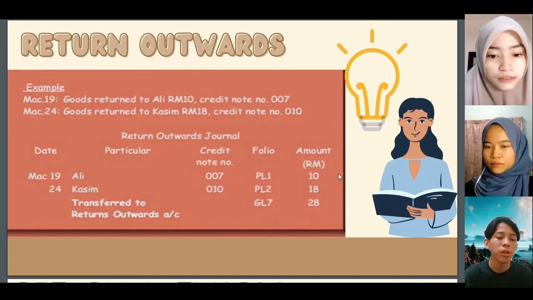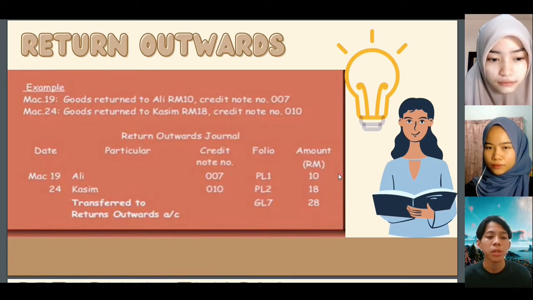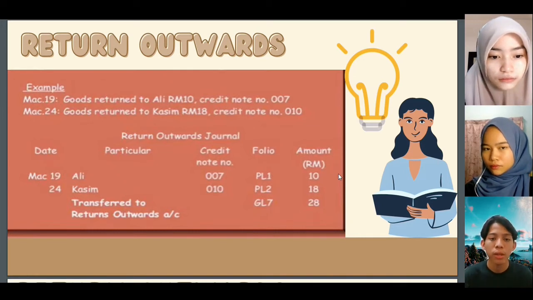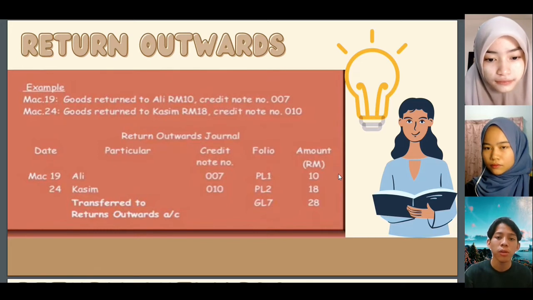For the date column, we need to put a date, like example 1 is March 19. For the detail, we put Ali, and the credit note is 007, folio, and also the amount is 10 ringgit.